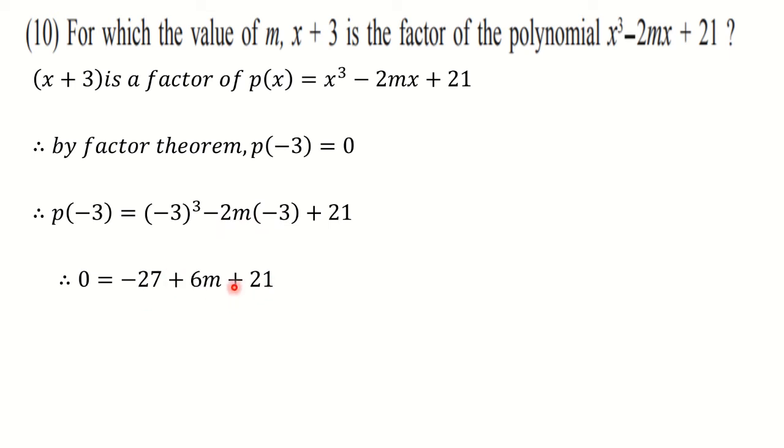Now minus 27 plus 21 gives you minus 6. So 0 is equal to minus 6 plus 6m. Now minus 6 you can shift to this side. That gives 6 is equal to 6m, and from that you get m is equal to 1. Okay, so in this way you are going to solve the question. This is also an easy question. Please copy it down.